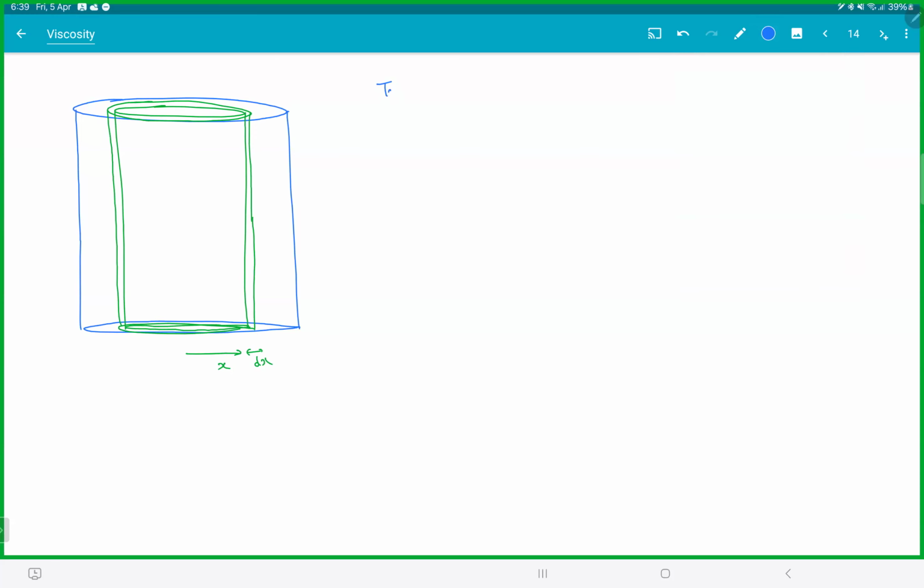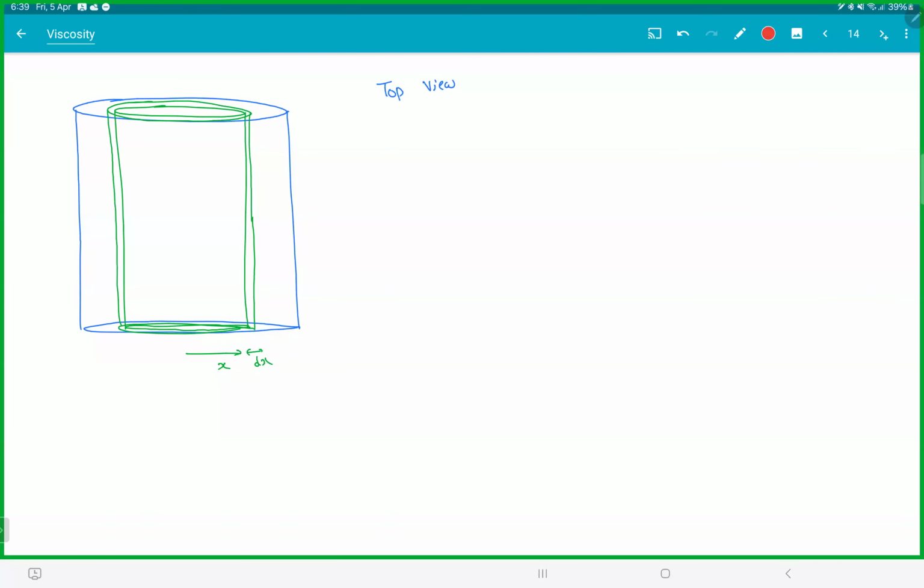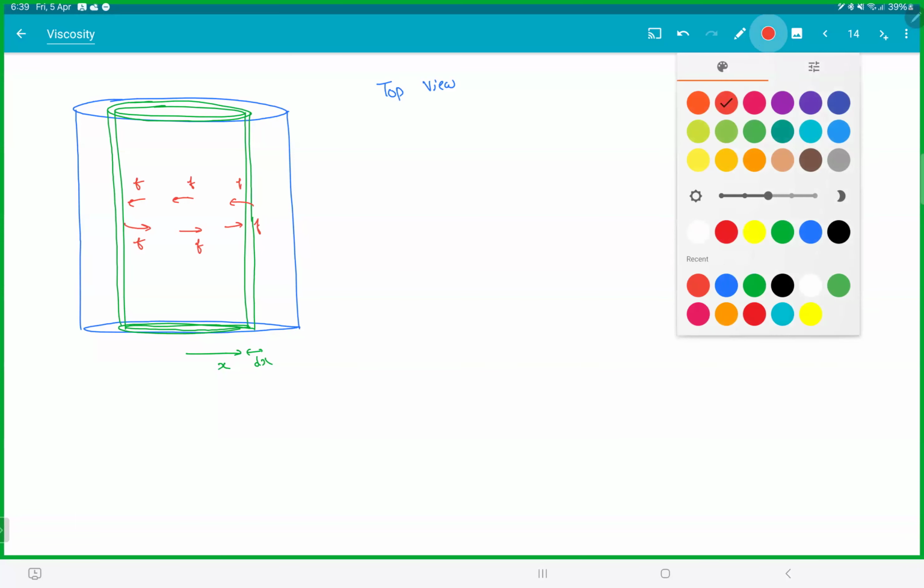Now, if you look at this in the top view, how is the friction acting on this layer here? If your omega is that way, the friction will be tangential. It is going in a circle like this. So the liquid is rotating, the friction will be in the opposite direction.